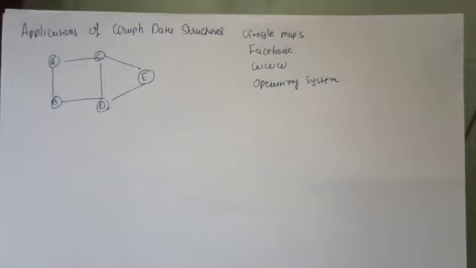If this leads to the formation of a cycle, then deadlock will occur. If you are aware of the subject operating systems, then only you can understand this application of graphs in data structures. So that's all about the major applications of a graph, and there are many more applications of the graph data structure.